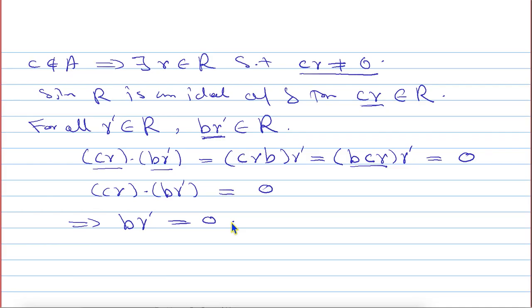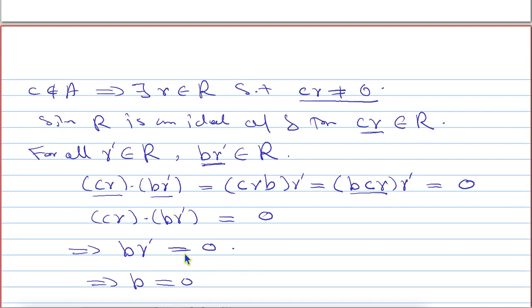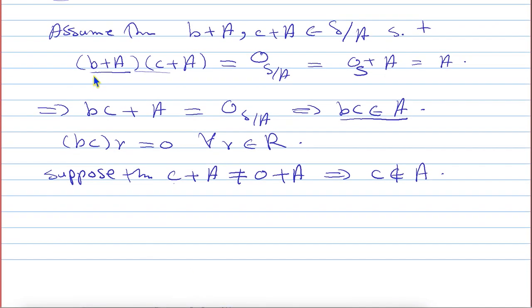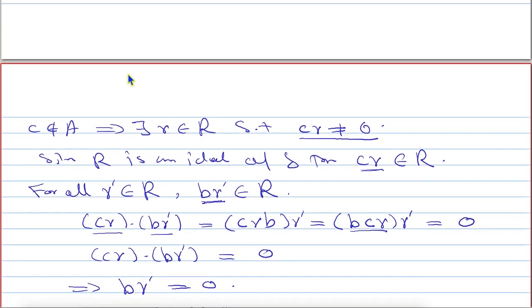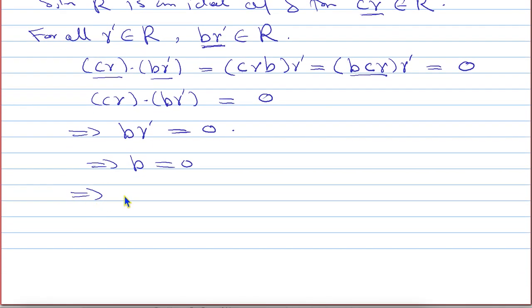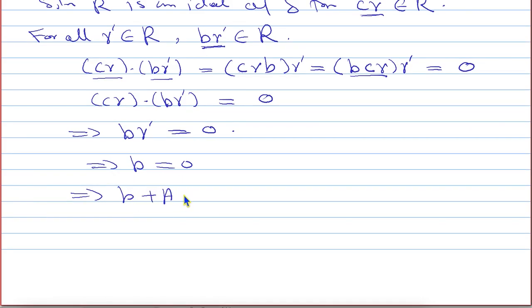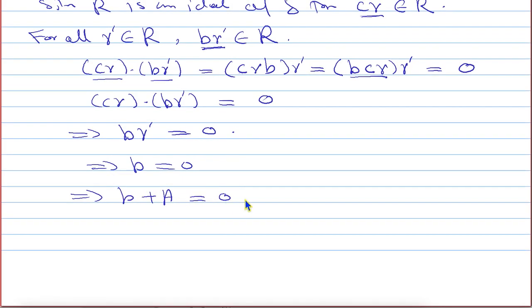Again, R is without 0 divisors, and r prime is any element in R, so we must have, in this case, B equals 0. Now, this means that B plus A must equal 0 plus A. And this shows that the quotient ring S mod A is an integral domain.